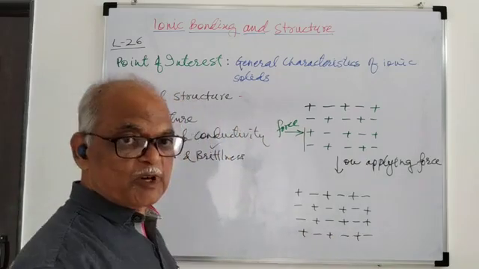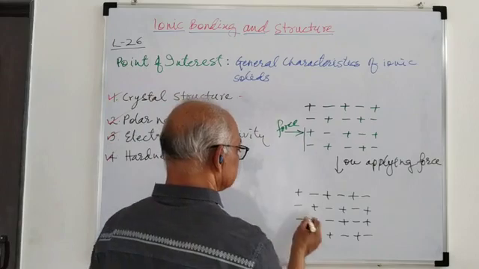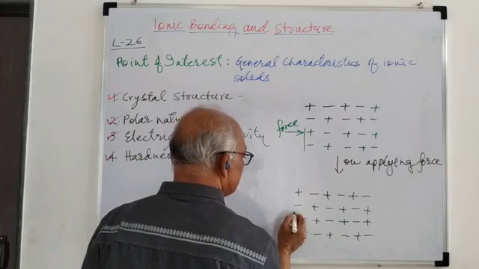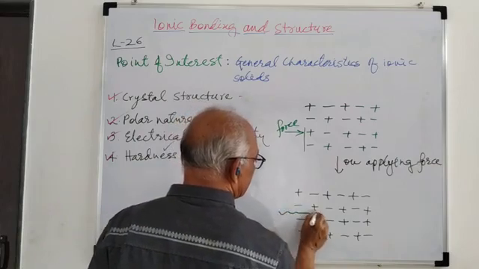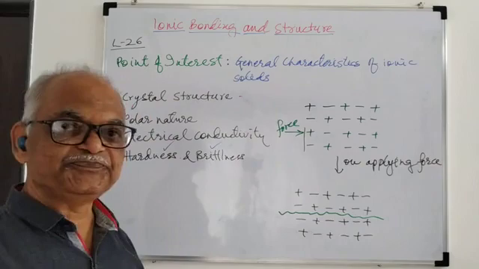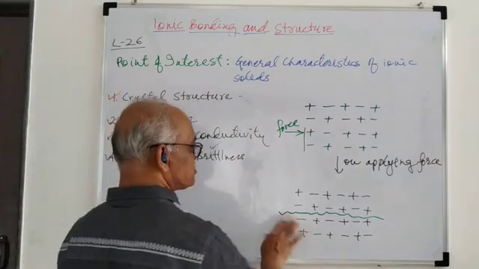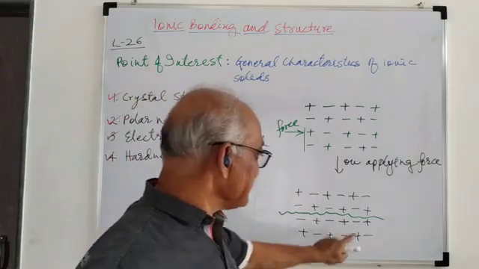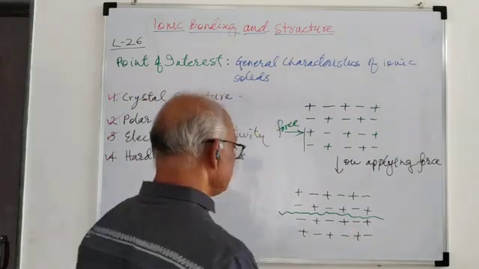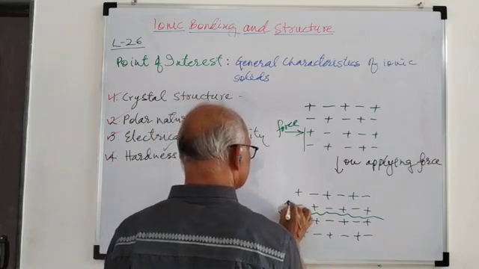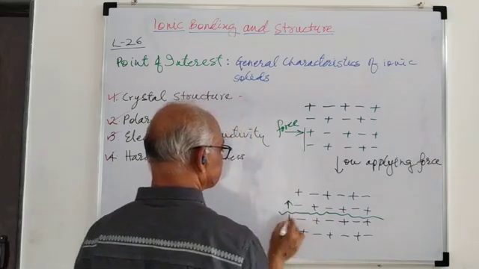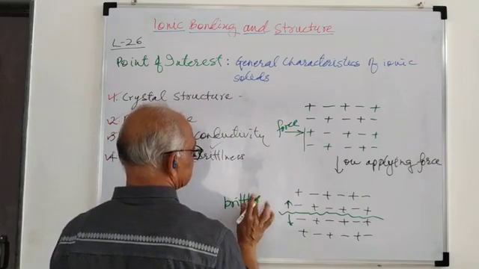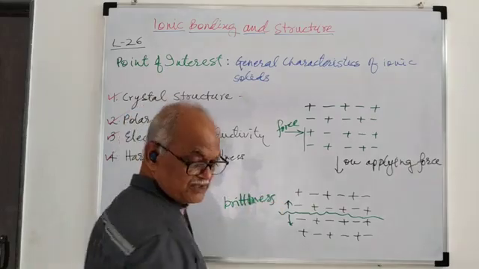So we get this type of structure. But here the same ions, or like ions, are coming closer. That is why there is rupture, or breaking, of the solid. The solid breaks into two pieces. That is called brittleness, because the like ions are coming closer and showing repulsion. They are repelled from each other. So this is called brittleness.